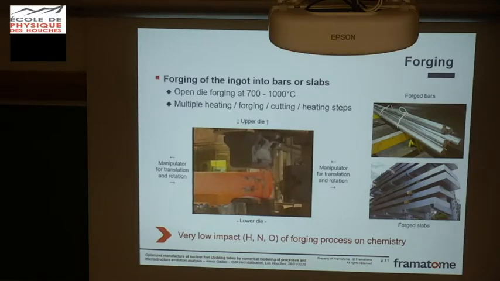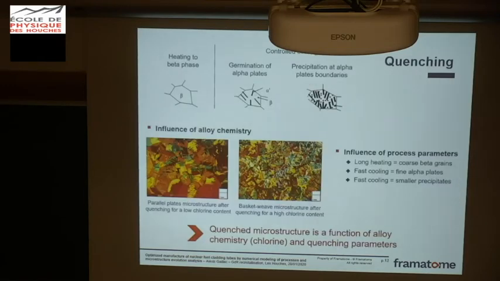This step is important because we have very large deformation, but at the end, the microstructure during this step is not so important because we will then have a quenching process. So we will erase the initial microstructure.